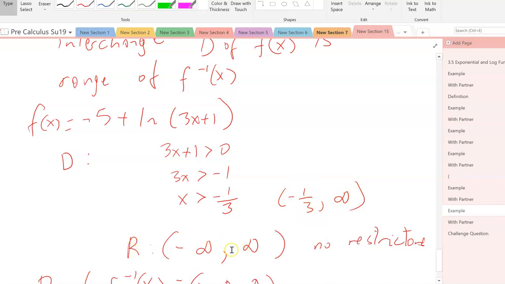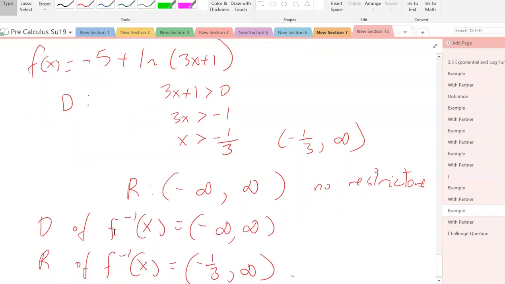Therefore, the range of f inverse of x is negative 1/3 to infinity, which we have shown by looking at the inverse function itself. And the range of our original function was negative infinity to positive infinity, which becomes the domain of our inverse function. So there are 2 ways of doing it.